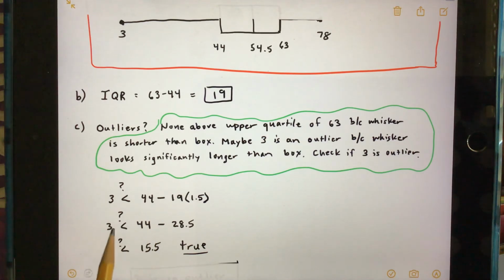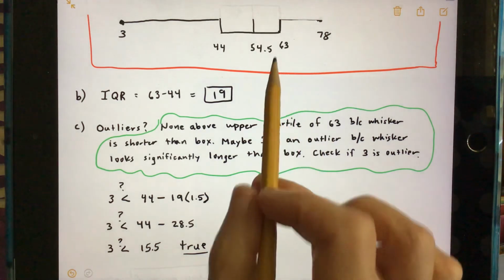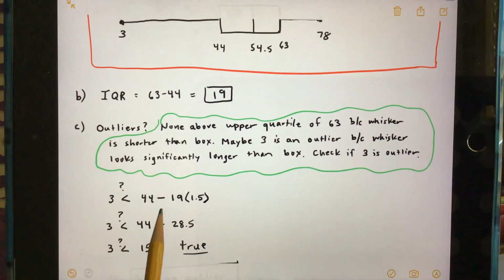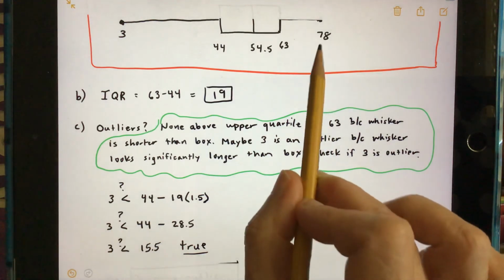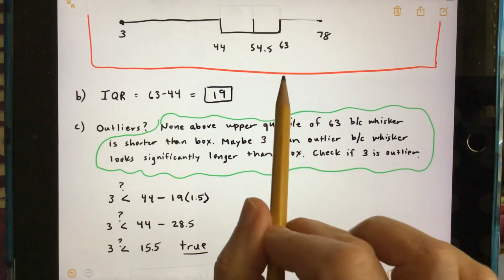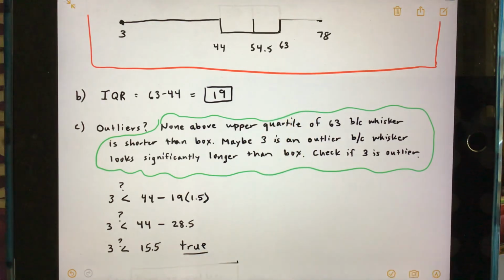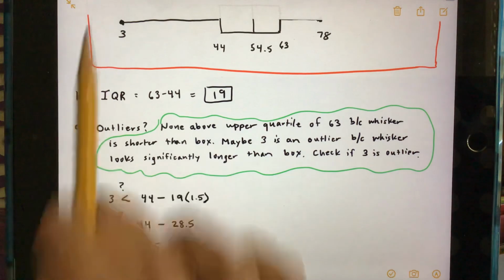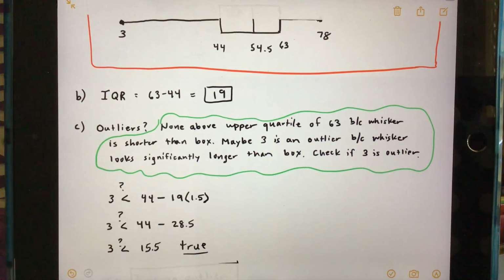If this were a data value that we would suspect is an outlier above the upper quartile, then we would put greater than and we'd be adding here, because we want to see if an outlier possibly up here is greater than the interquartile range times 1.5 plus the upper quartile. So for the smallest possible outlier, less than, minus. If you suspect an outlier is above the box, you would be putting greater than and plus.